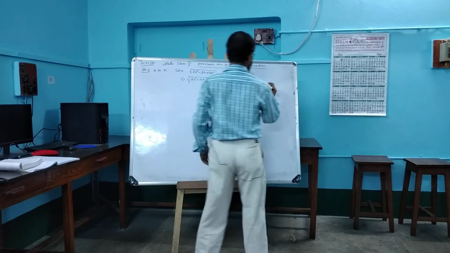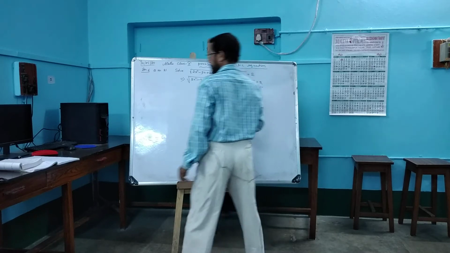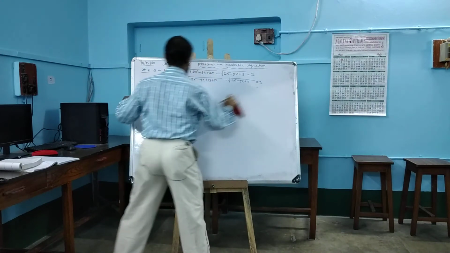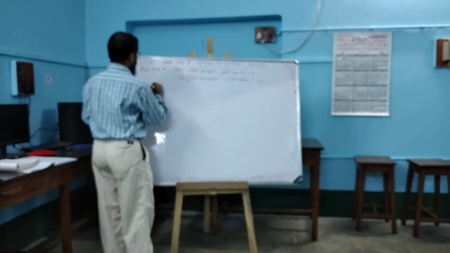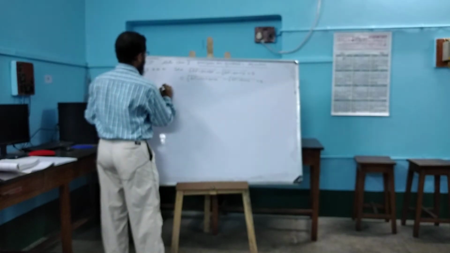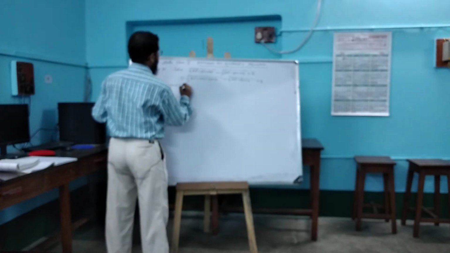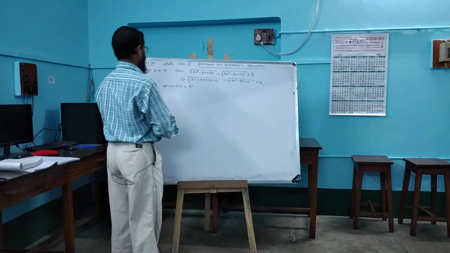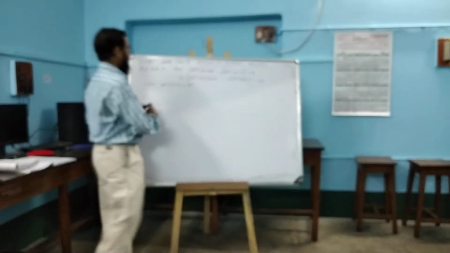Now let 2x square minus 9x plus 13 equal to a square.